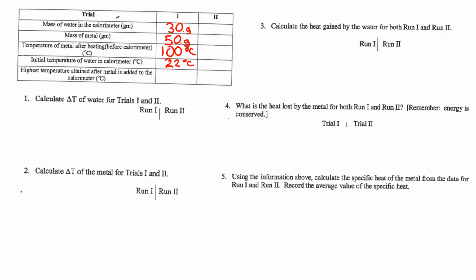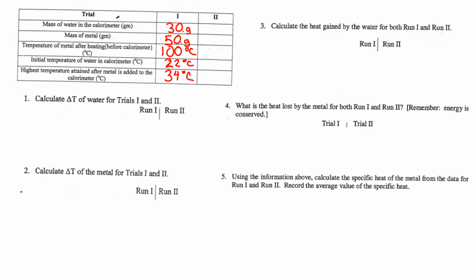And the highest temperature attained after the metal is added to the calorimeter, the highest temperature I got was 34 degrees Celsius. All right. So I'm just going to show the math for one trial. I'm not going to show both because it's the same calculation for each one.